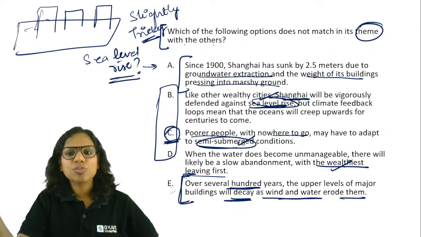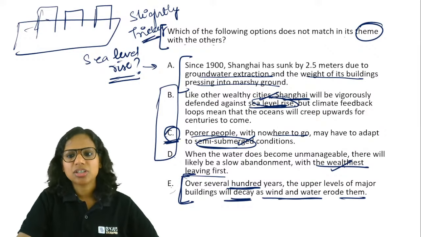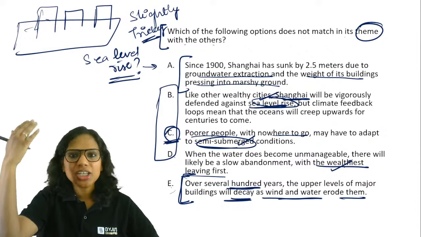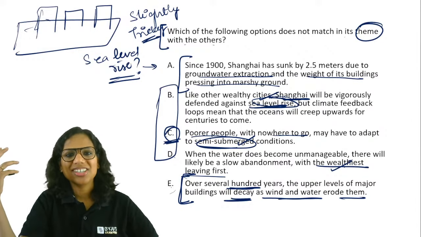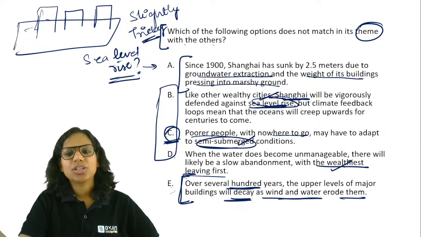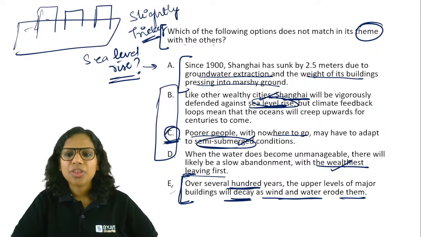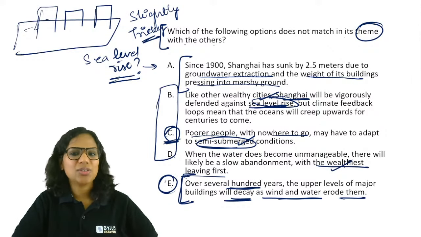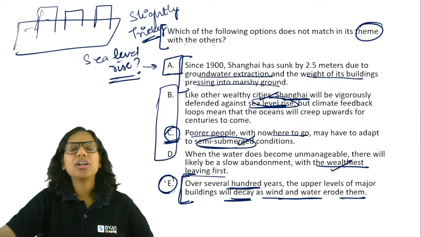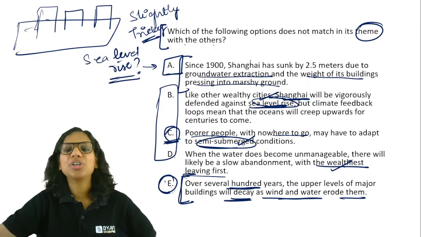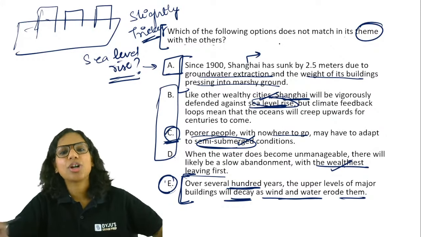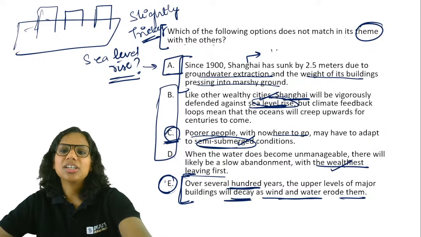So this wind carrying moisture, and of course some water might reach the upper levels also over several hundred years. It will erode them. It will make the buildings decay. So this E is still related to sea level rise, but A is not at all related to sea level rise. It's a separate problem. It's a different issue altogether. So it does not match the range of my discussion.